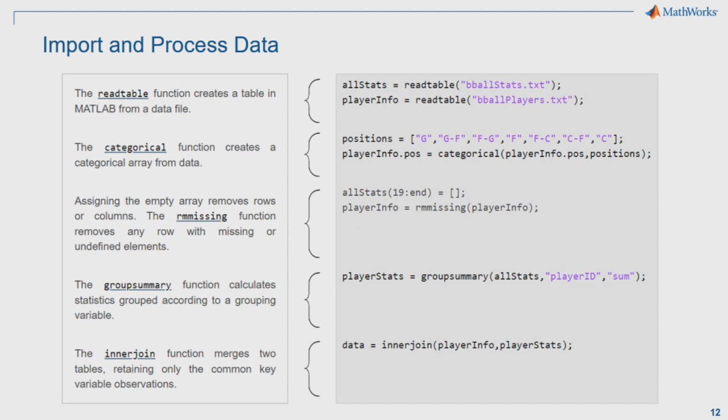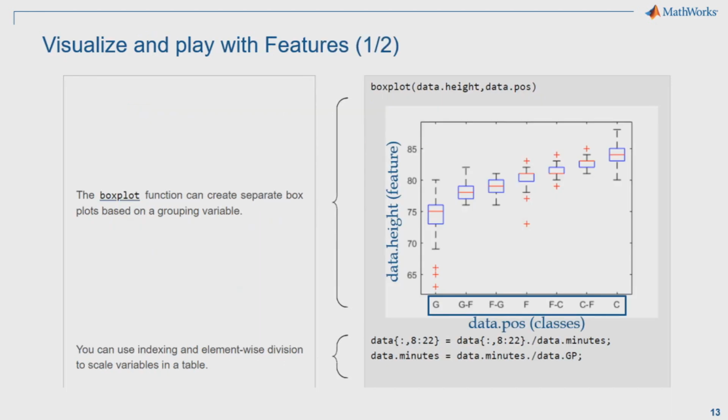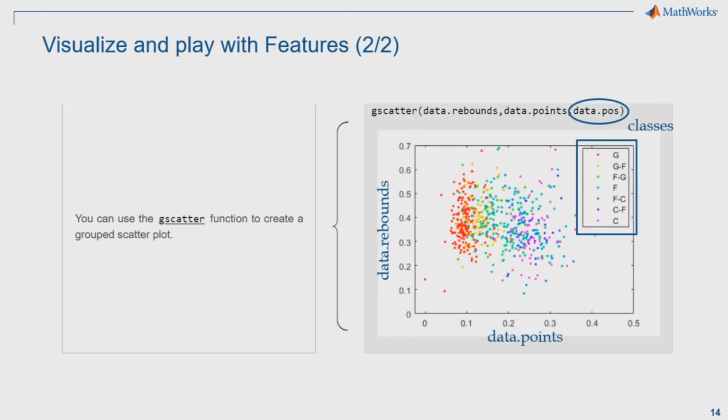And it also gives you the possibility to understand how to visualize data with MATLAB, playing with box plots, for instance, or with gscatter, which is a scatter plot function in which you can display data based on the class to which they belong.